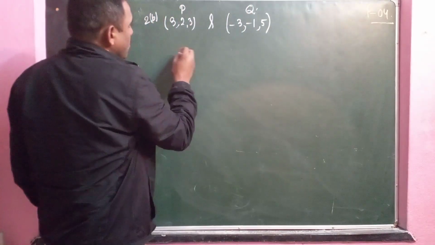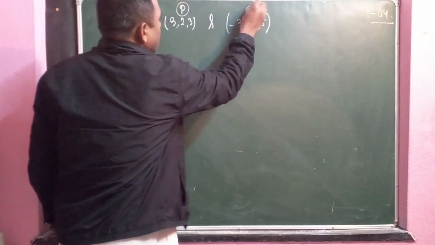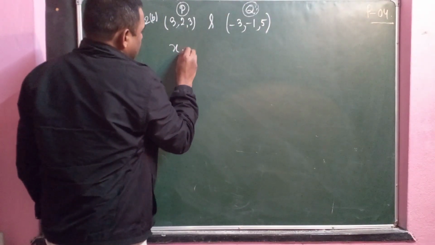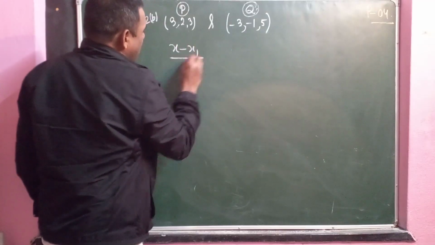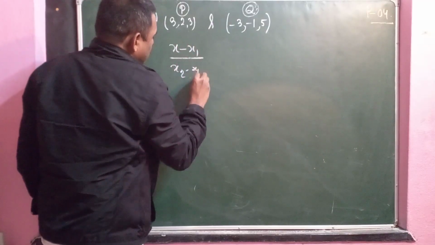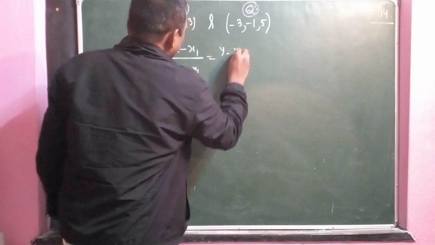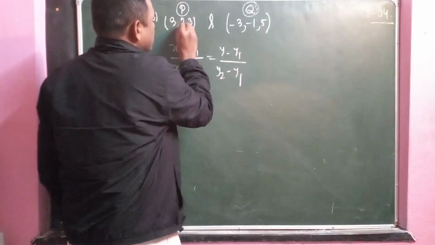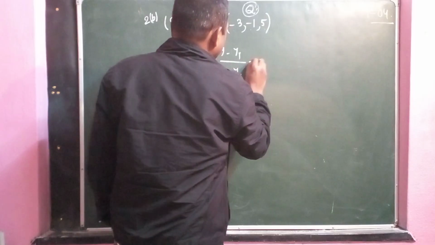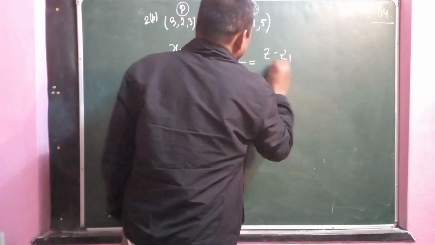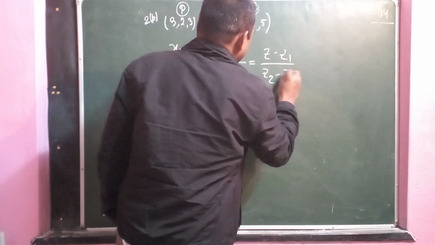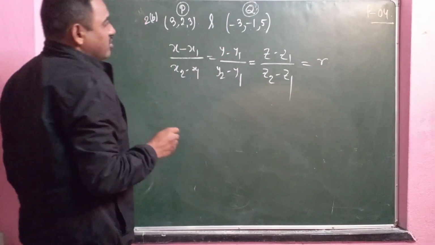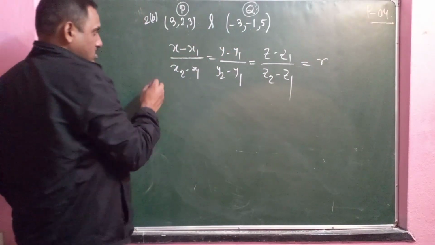So find out the equation. Suppose 2 points P and Q are given. How do you calculate the straight line? That is (x minus x1) by (x2 minus x1), (y minus y1) by (y2 minus y1), (z minus z1) by (z2 minus z1). These are x1, y1, z1, x2, y2, z2. This is the symmetrical form of a straight line in 3-dimensional.